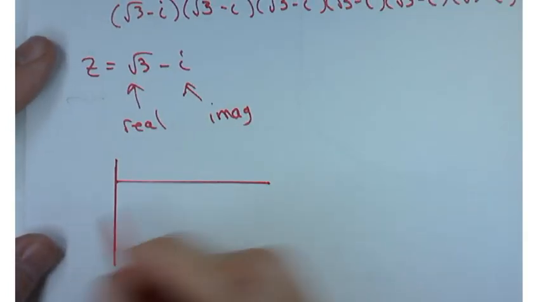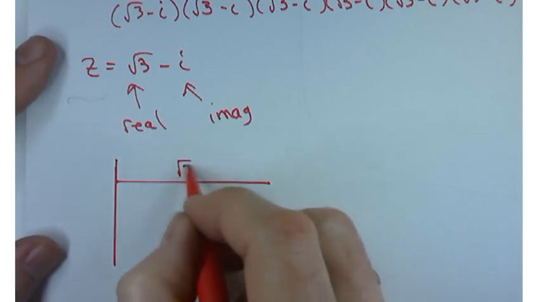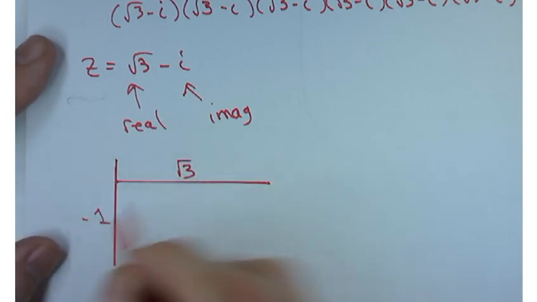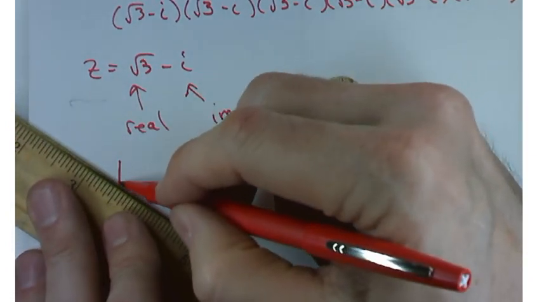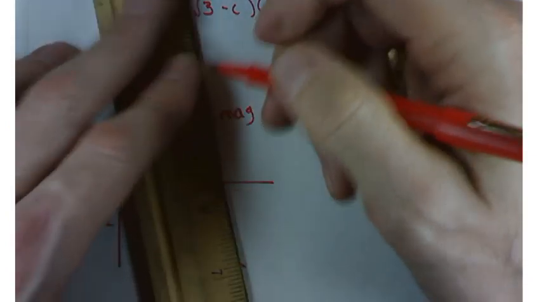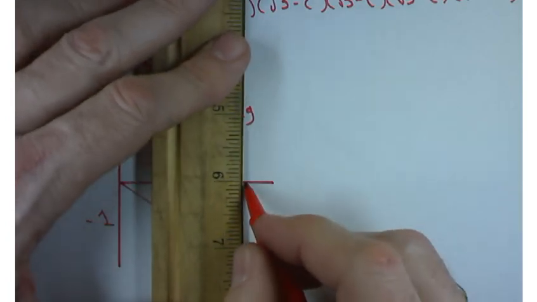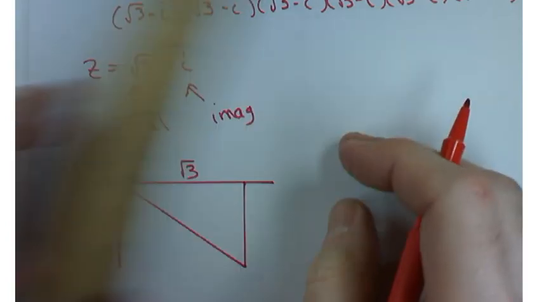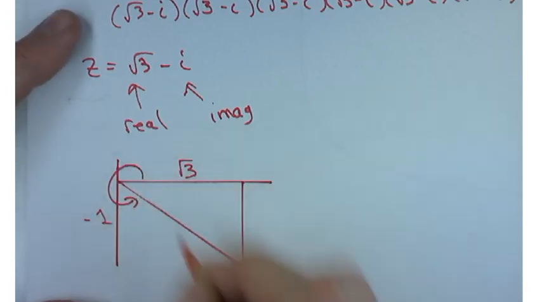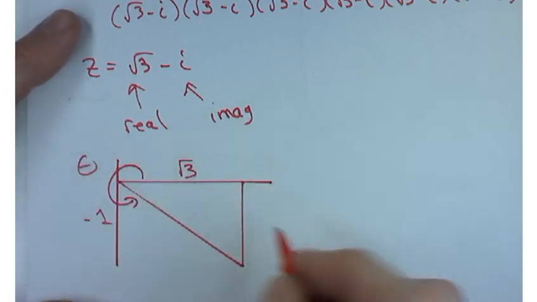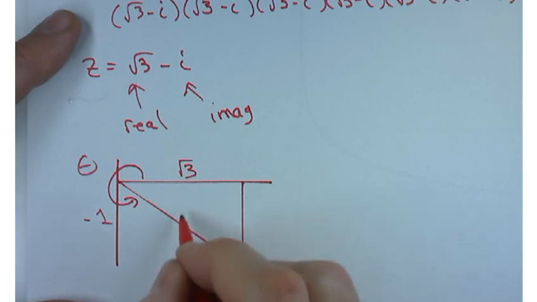So this side is going to have length square root of 3. This side is going to have length 1. When you draw your triangles, make sure that the hypotenuse is connected to the x-axis. We never connect it to the y-axis. There's two things I need to know: I need to know theta, and I need to know r.